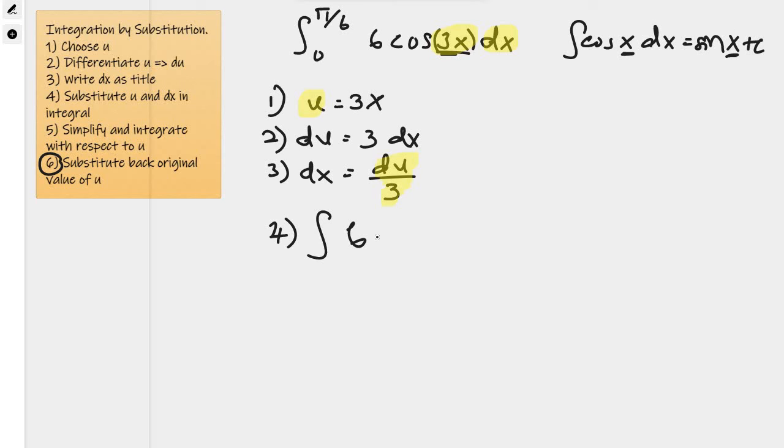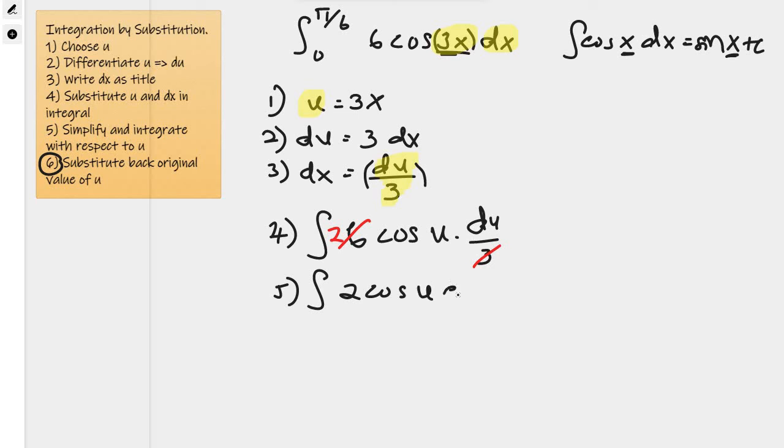So you want to integrate 6 cos, and this 3x here you substitute to become u, and dx you use du over 3. Next step, simplify. So 3 and 6 here, I can simplify to be 2. I cancel, so I get 2 cos u. So I need to integrate 2 cos u du.